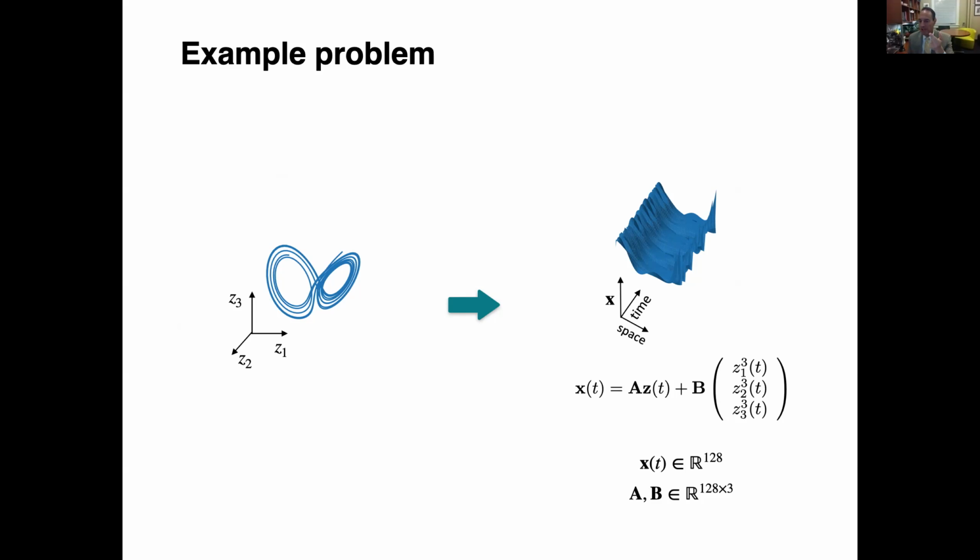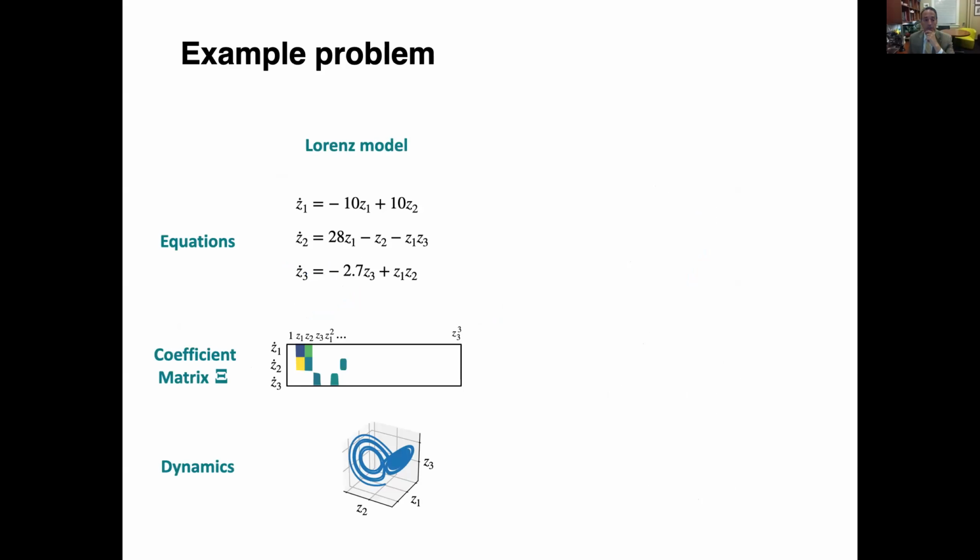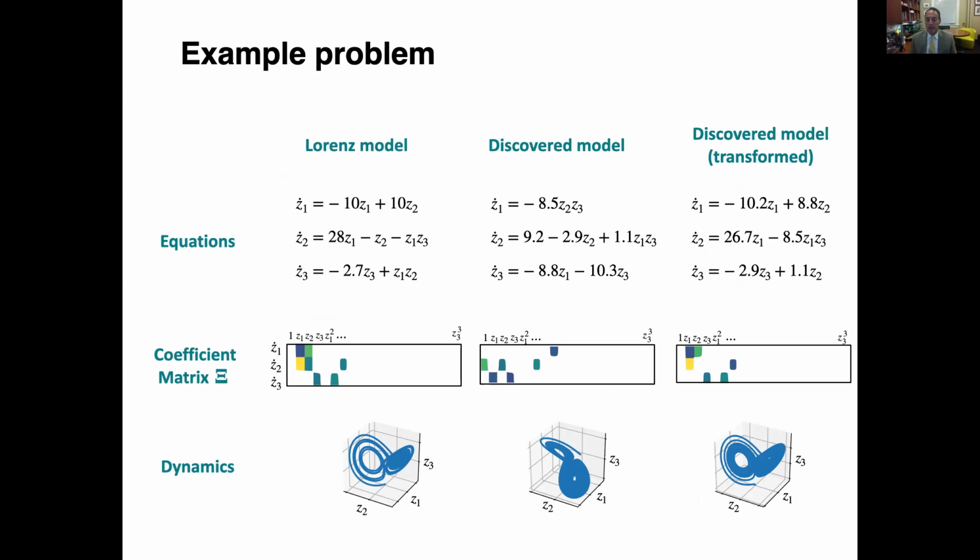So the question is, from the data, could I discover the nonlinear coordinate transformation that we put on there and discover the underlying governing equations? So here's what we actually find. So here's the actual dynamics. This is the actual Lorenz model, and this is our discovered model.